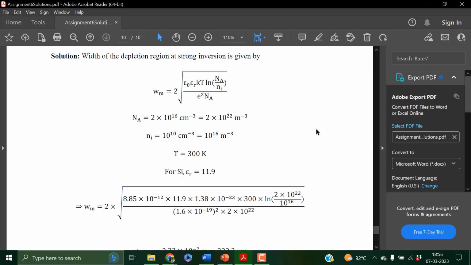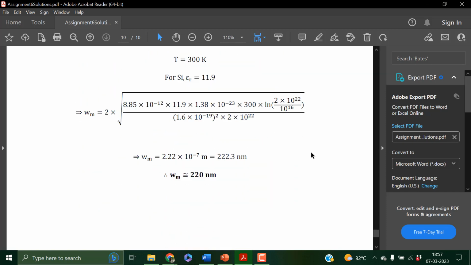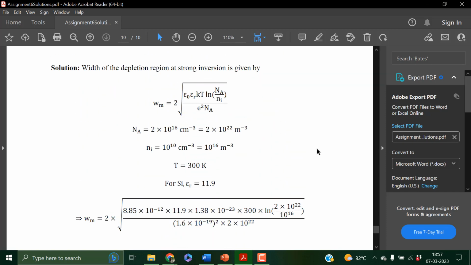You remember the width of the depletion region, the equation for that: the square root of epsilon kT ln(Na/Ni) by e square Na. There was one equation, right? Yes, ma'am, there was one equation, but I can't remember it, I've forgotten. You can check. There is actually a direct equation for the width of the depletion region at strong inversion.